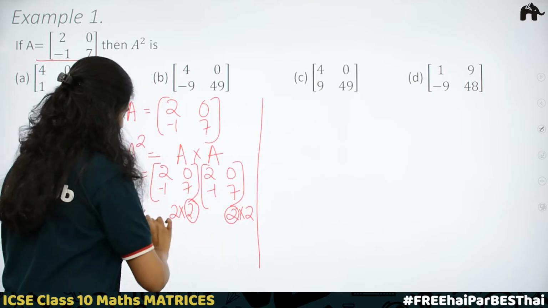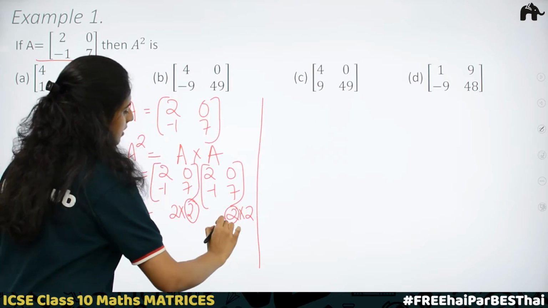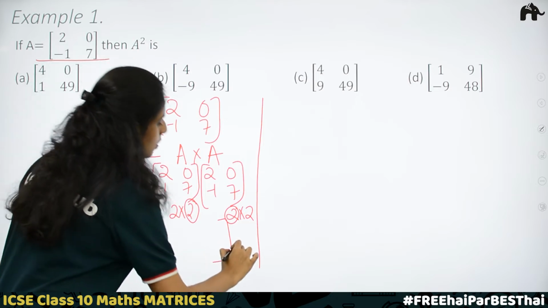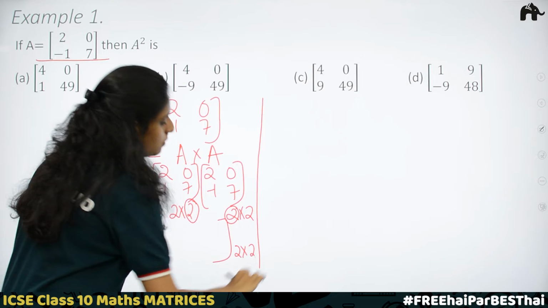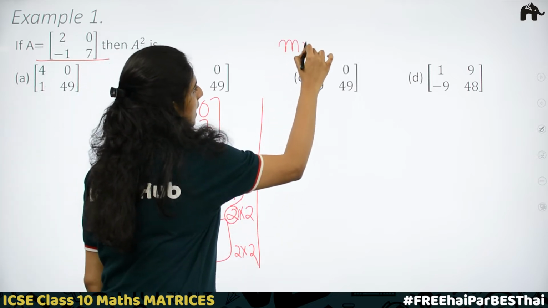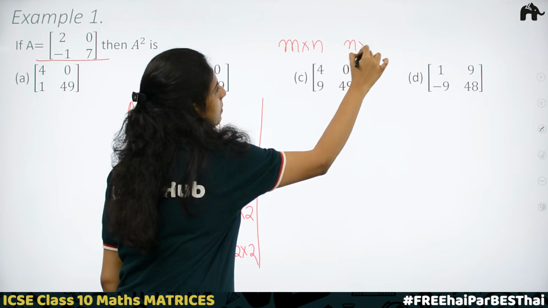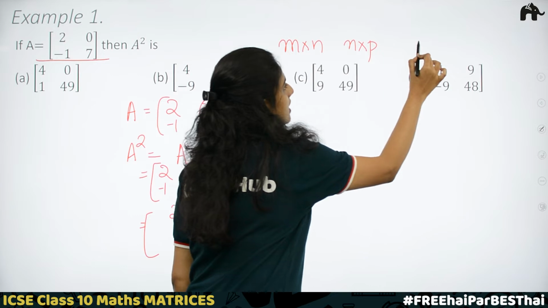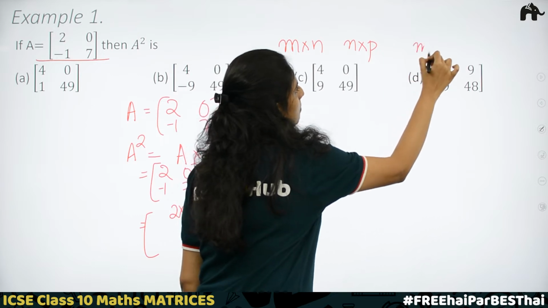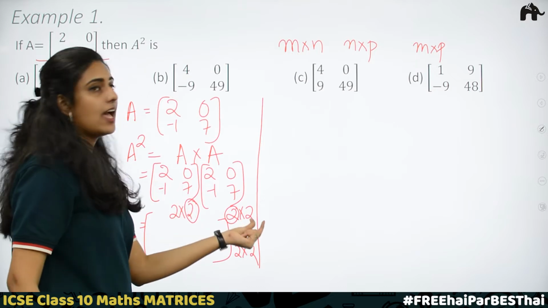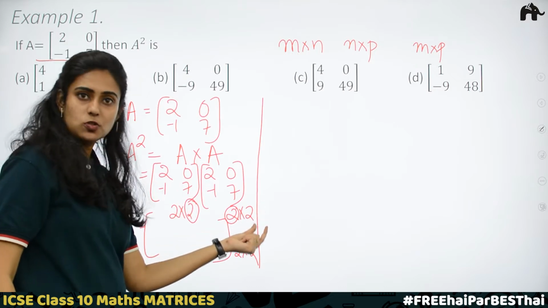Now, to find the elements of A square, we'll be getting a new matrix, the product matrix, which is of order 2 by 2. We have studied that if you are taking an M by N matrix and an N by P matrix, multiplying these two matrices will give us a matrix of order M by P. In this case, M is equal to 2 and P is also equal to 2.